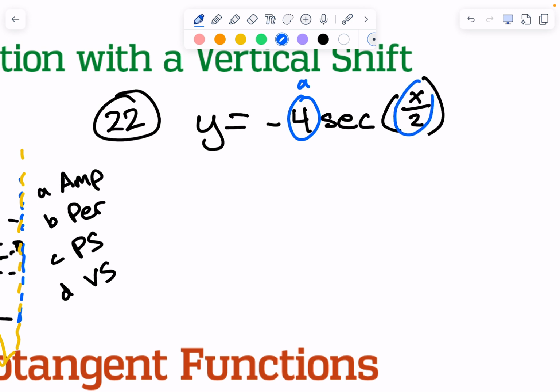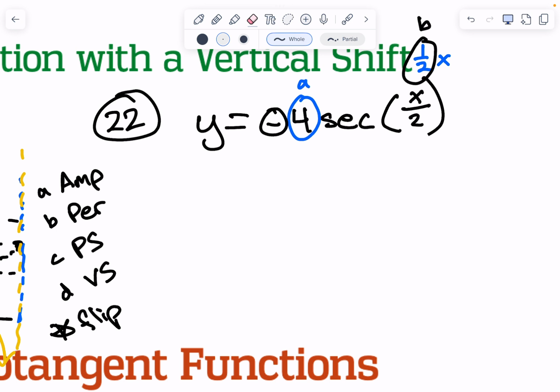I don't like the way that he's written, so I'm going to change him to say 1/2 x. So that means your B value is 1/2. Now, the negative, I'm just going to put a star here that says flip, because we're going to flip him down. That's what that negative is going to do. So that's not a part of your A, B, C, or D, but just note that below.